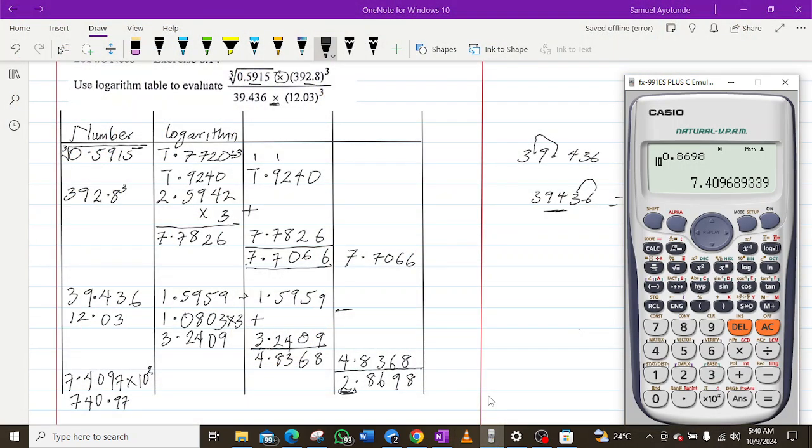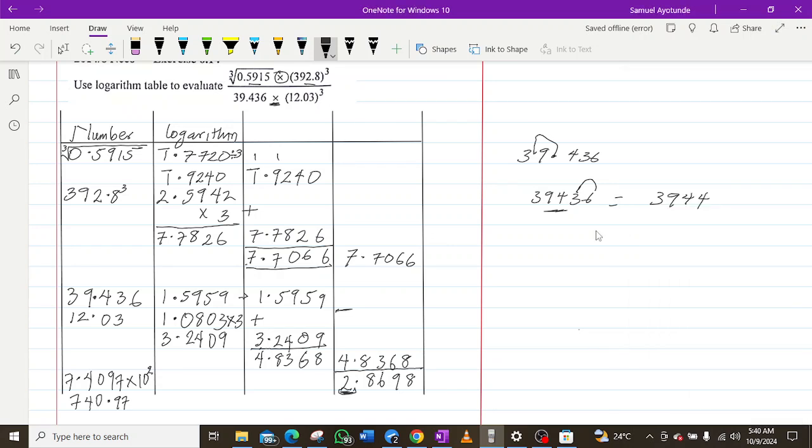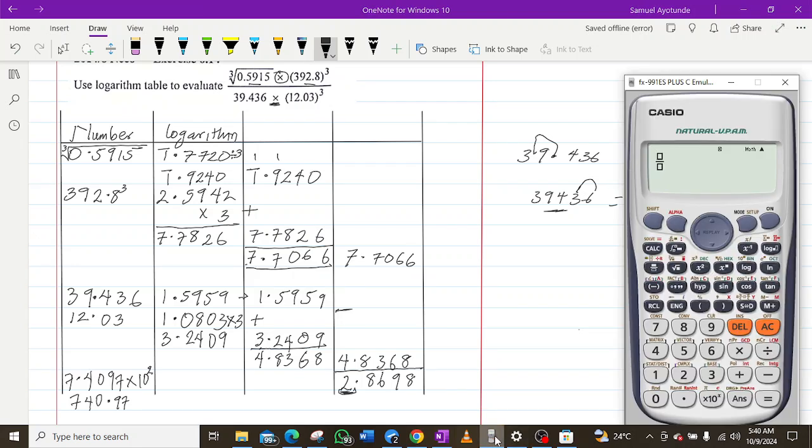Now we go ahead to confirm if our work is correct. How do we do this? We press the number as it is on our calculator, then we evaluate. So we have the cube root of 0.5915 times 392.8 raised to power 3.